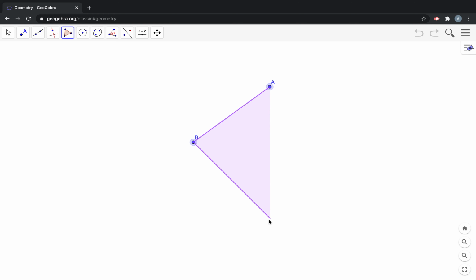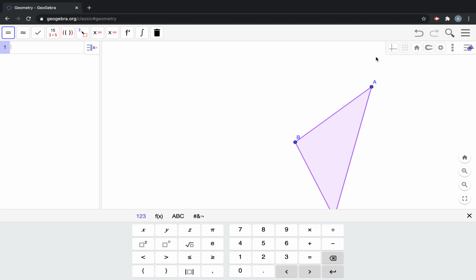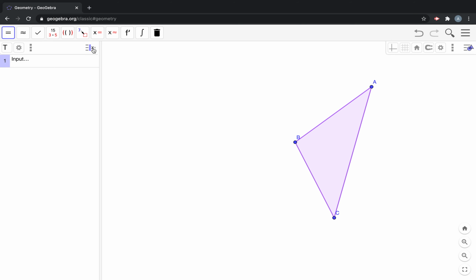Where do we want to put point C? Let's put it way over there. And then we need to connect that back to A. So now we have a triangle. So let's go over here, and we're going to go here. And, oh, there we go.